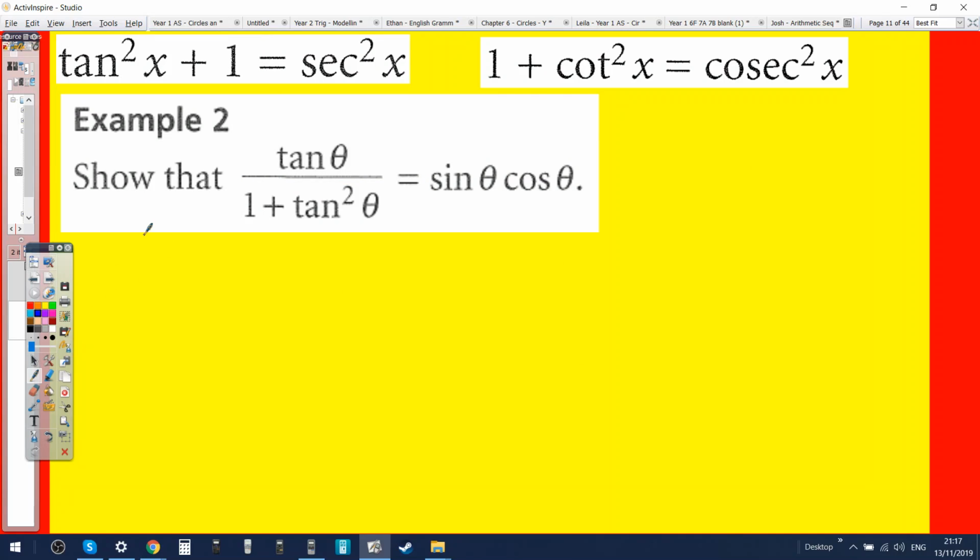Yeah, that sounds about right. Yeah, this is Pythagoras actually. Sine squared x plus cos squared x is 1. Okay, how do we do this?